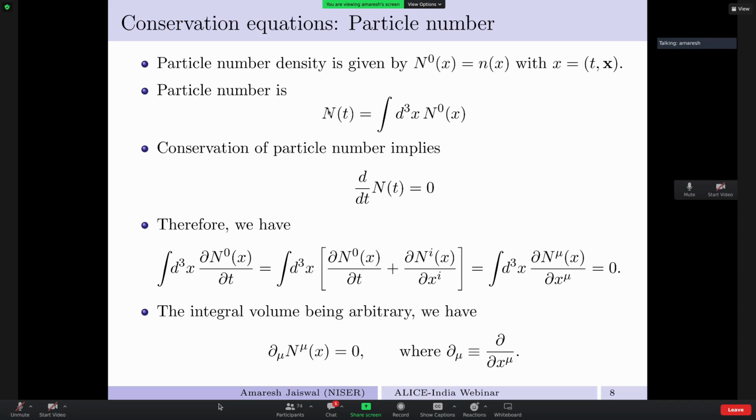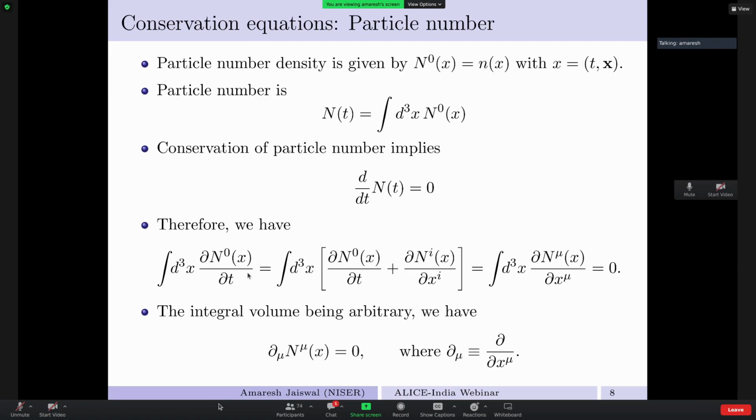So conservation of particle number is just this equation: the total particle number doesn't change. d/dt of N is 0. Now the left hand side being 0, I can take the right hand side of this total number expression and rewrite it. This is n0 being a function of time and vector x.